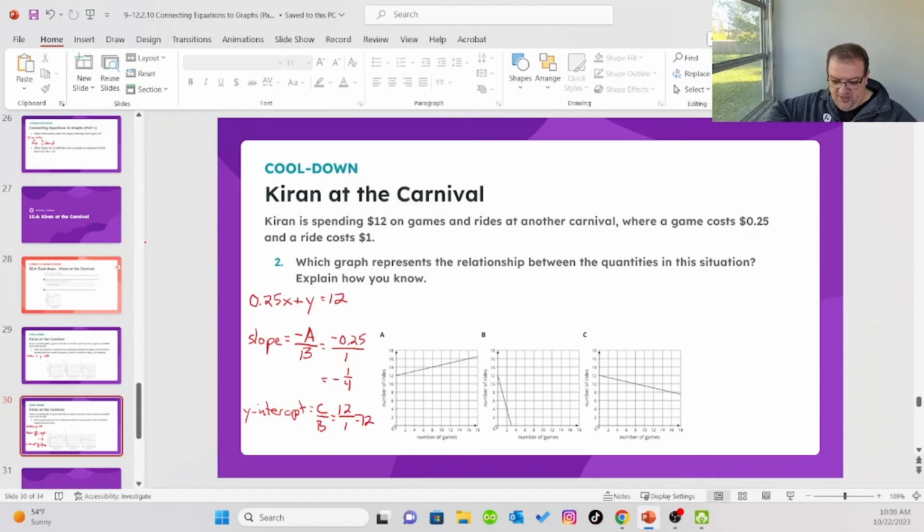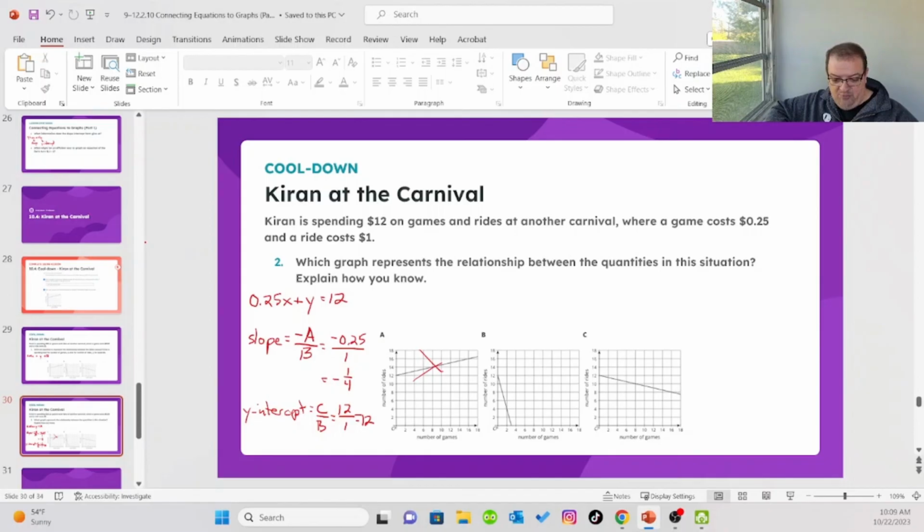We can see that this has a y-intercept of 12, this has a y-intercept of 12, and this has a y-intercept of 12. So now we can look at the slope. We have a slope of negative 1/4. Well, this slope is going up from left to right, so that cannot be the answer.